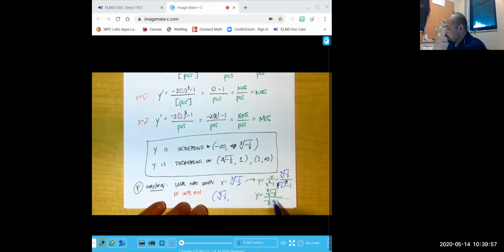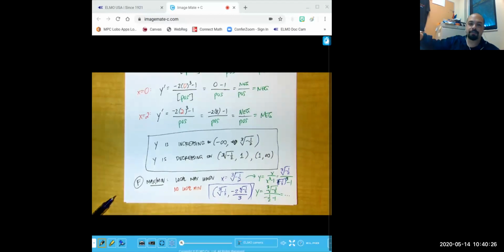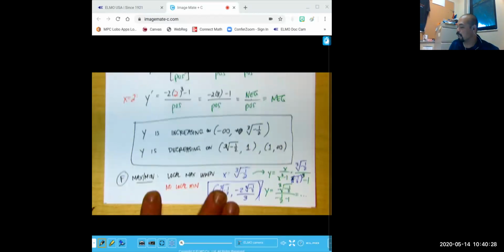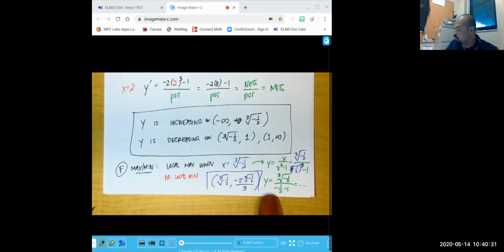Working on this a little bit, we'd end up with this coordinate, and you can double check that this should be here. But again, that's just some messy algebra, messy arithmetic, plugging numbers in. And the cube root is going to be negative with that negative, so it's going to be a positive y value in the end.